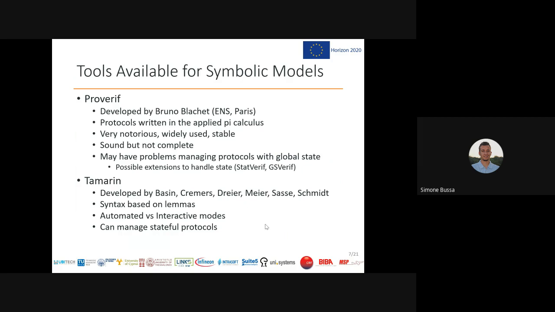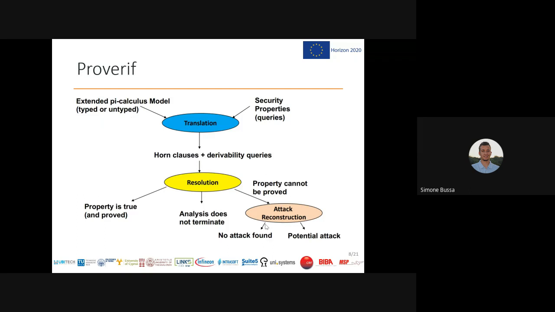Okay, in Rainbow, we decided to verify the protocols using ProVerif, but we plan for the future to also verify them with Tamarin to have a greater assurance of their correctness. So let's now see how ProVerif works. ProVerif, as I said before, takes in input the model of the system written in a particular language, the applied pi calculus, either typed or untyped.